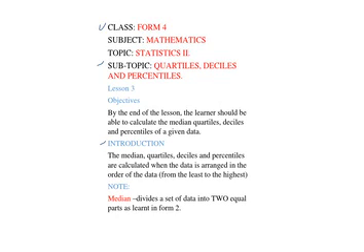The median, quartiles, deciles, and percentiles are calculated when the data is arranged in a given order, that is from the least to the highest. You should note that the median divides a set of data into two equal parts, and this one you learned in Form 2.